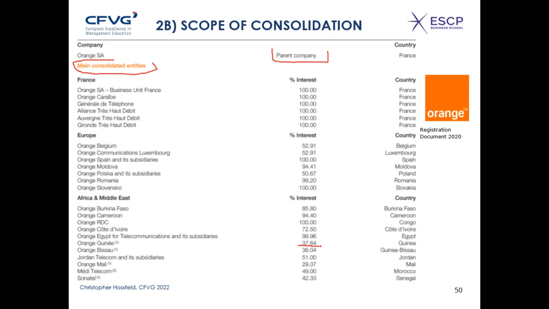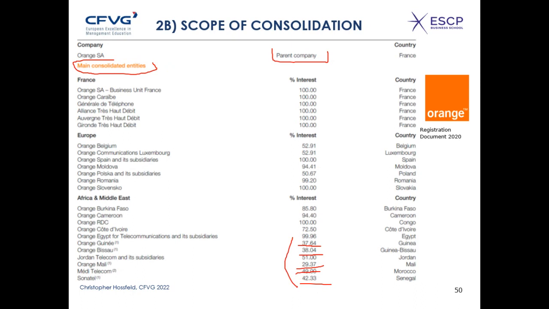So for example, here you see I have only 37% of the voting rights, 38%, 29%, 49%, 42%, etc. So having more than 50% of the voting rights usually indicates that yes, we do have control, but you can control another company with less than that. And here's the proof. Orange in Africa and the Middle East controls certain companies, but with less than 50%.